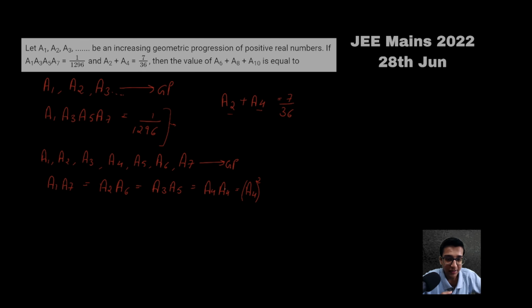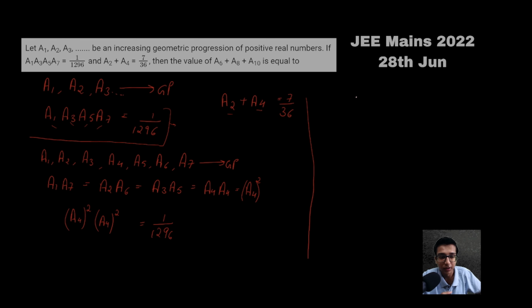So I hope you can see now that we've simplified this equation into a simpler form. We have A1, A7, and we have A3, A5. So we can write A4 square for A1, A7, and A4 square once again for A3 and A5. This equals 1 by 1296.